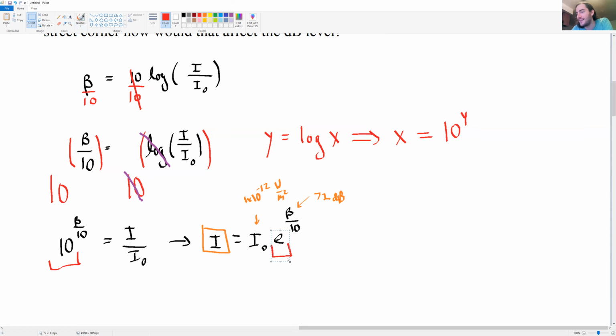So that should be a 10, not an E. So fix that in your notes if you were copying that down and you were confused. That should definitely be a 10 there. So I equals I0 times 10 to the beta over 10. Next time, if you guys see a mistake, let me know, okay? And then I can fix it.